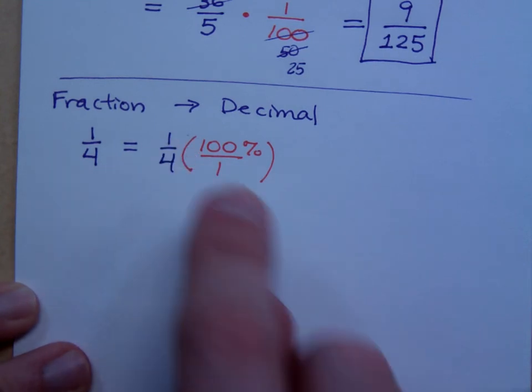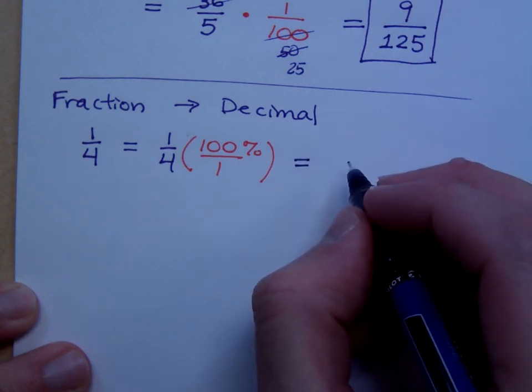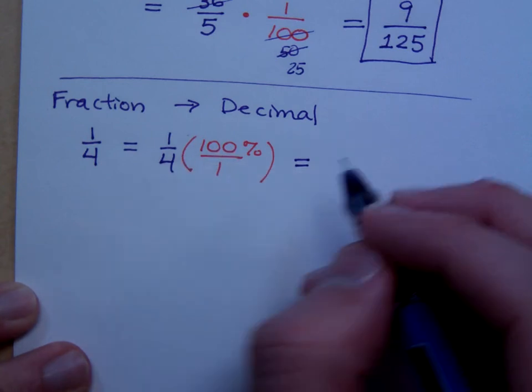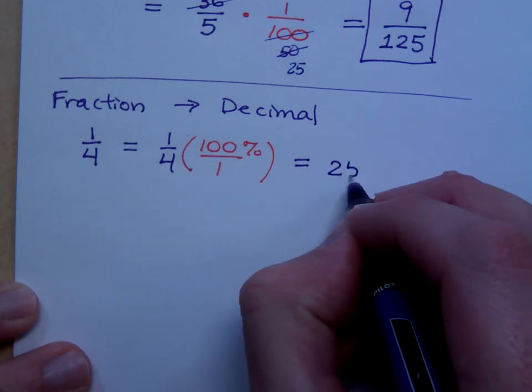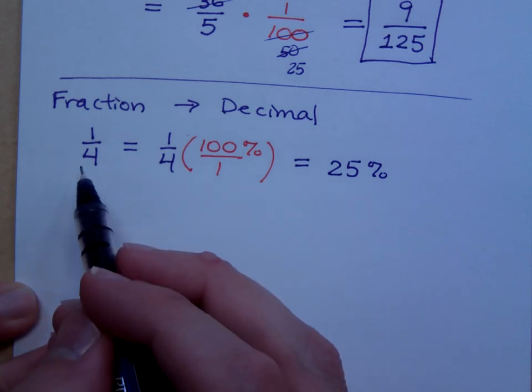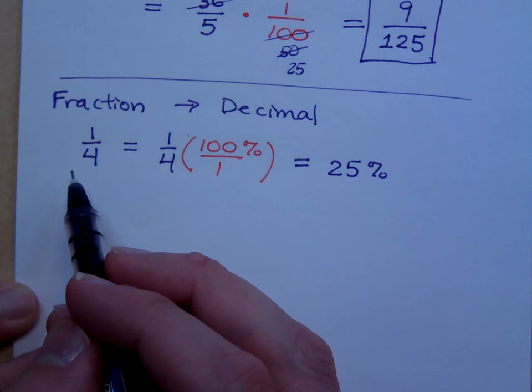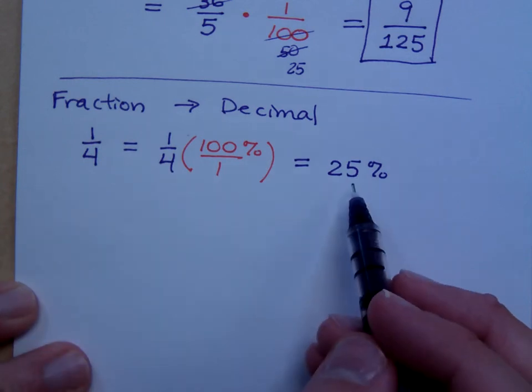So what's 1/4 times 100? Or this is 100 over 4, right? So that's just 25%. Now, there are other ways that you could go about doing this, because you know that 1/4 is what as a decimal? 0.25, which would become 25%.